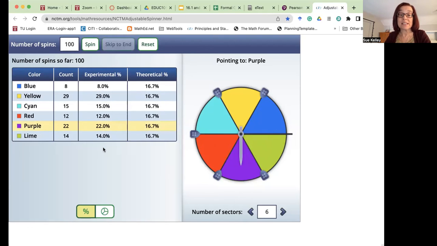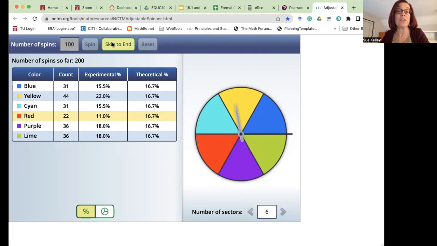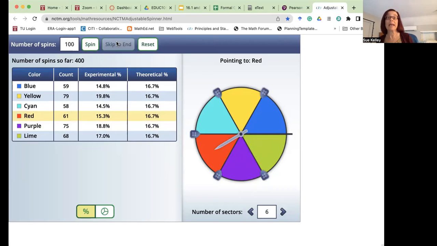You can see that it's not really close, right? We can spin another 100, getting closer, another 100, getting closer. So the more we spin, the closer we're getting to our theoretical probability as compared to our experimental.